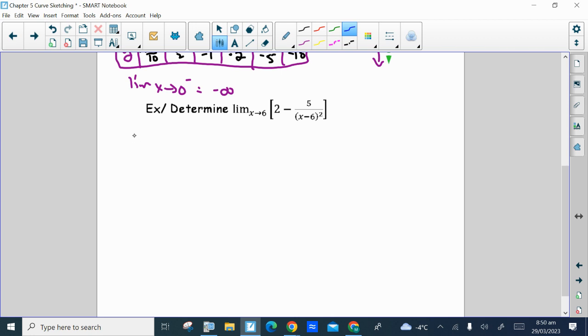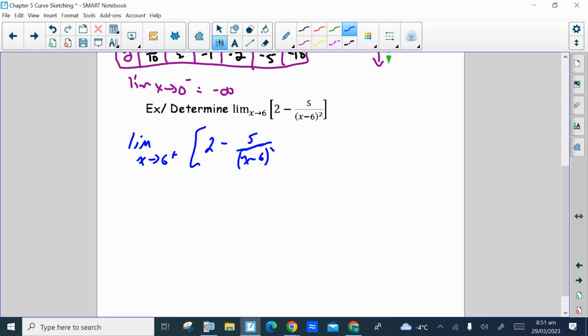So what happens as we approach 6 from the right side? So what's the limit as we approach 6 from the right side of 2 minus 5 over x minus 6, all squared?